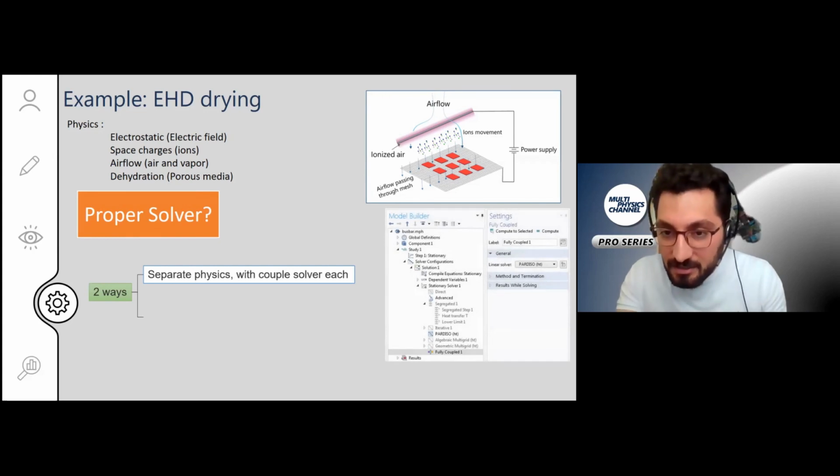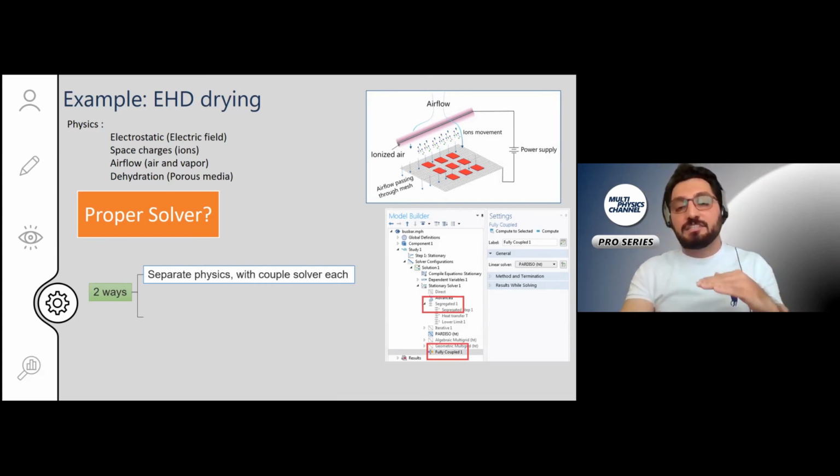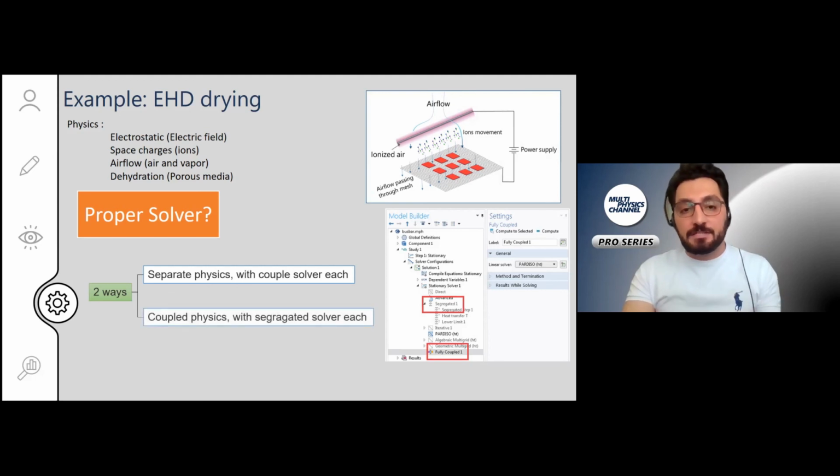As you can see here, for example, in each physics, I deactivated the segregated solver and then activated fully coupled, because I think when I already divided it into different physics, I already reduced the number of operations, so I don't need to go for segregated again. The other way was to couple all the physics to solve for all the physics, but with segregated solvers.